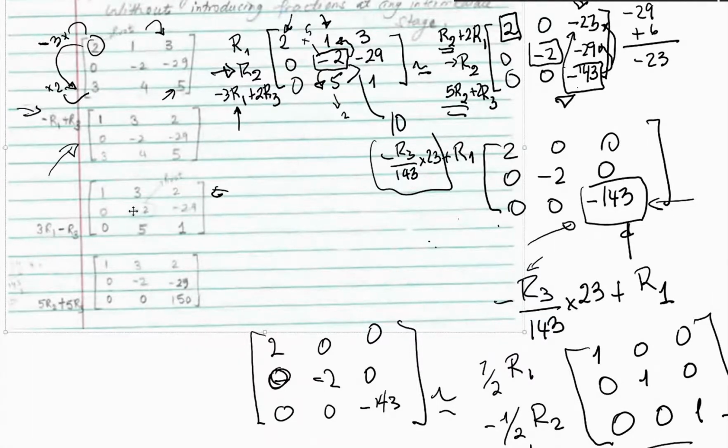This, 5 and 2. This times 5 to get a 10, and anyway, suppose there is a 2 here. Then you have to multiply minus 39 by 5 plus 5.